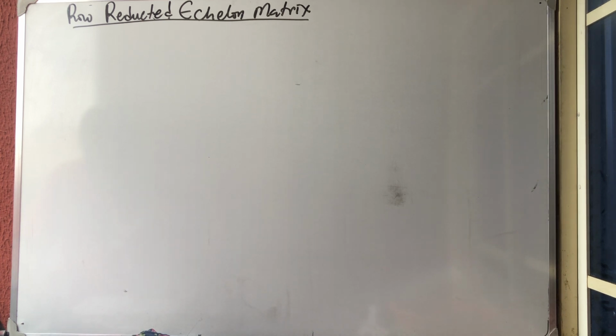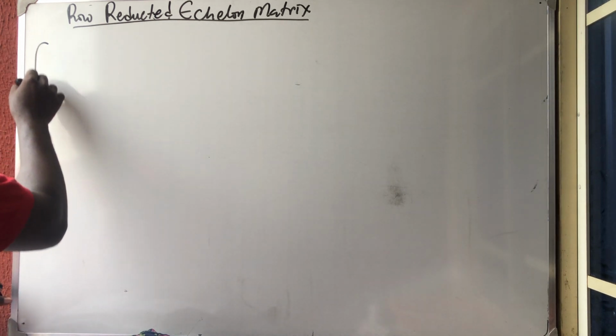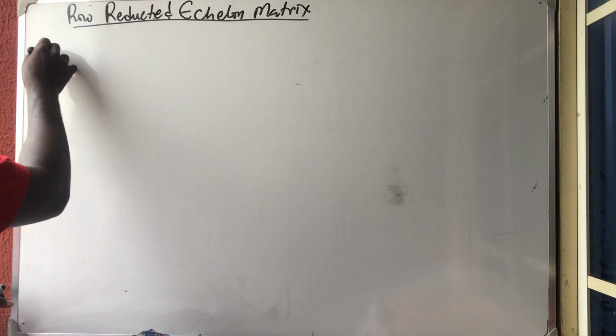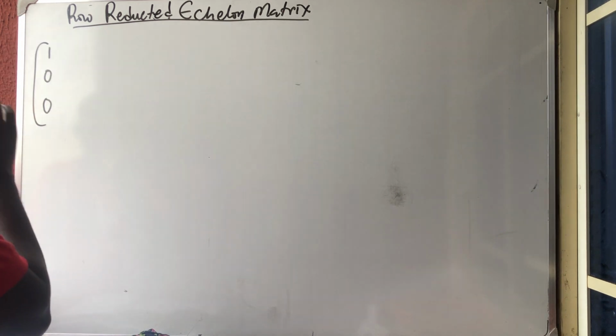Now the second thing we need to know is that if the leading entry is 1, then every other thing under it in that column is 0. Look at what we mean by row reduction. Row reduction is if I have that the leading entry is 1, then everybody under it on the column side will now be 0.